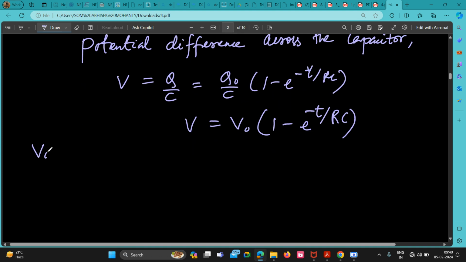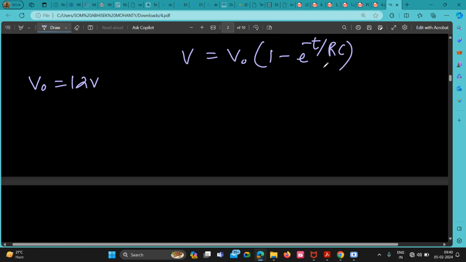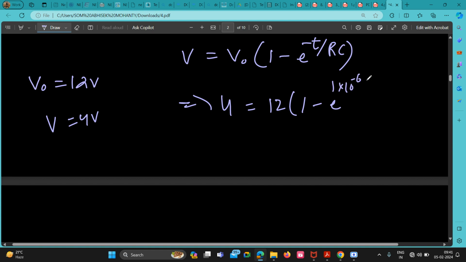Your potential initially was 12 volt in the question, and then it was 4 volt. So 4 is equal to 12 times 1 minus e to the power minus t by RC, with t as 1 microsecond, that is 10 to the power minus 6.